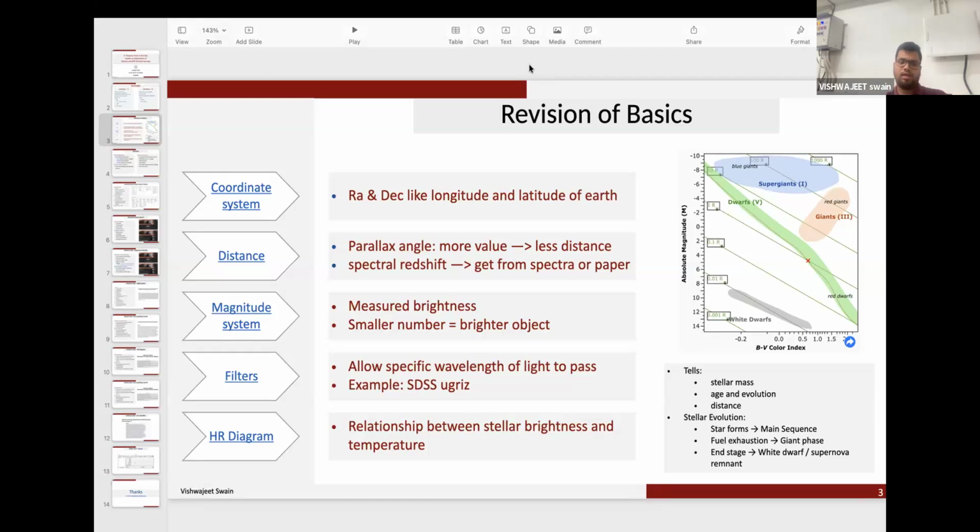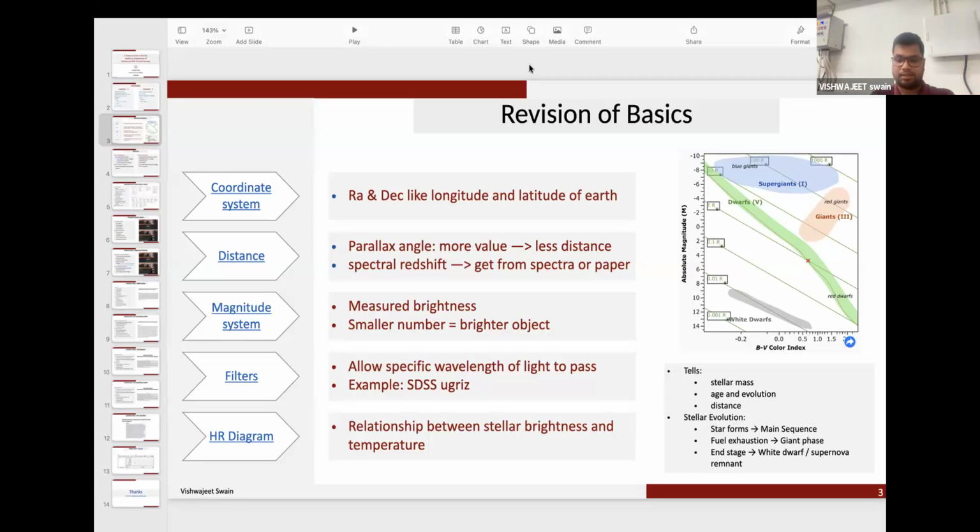And then lastly, we checked that we can have a population of different kinds of objects in the HR diagram. If we are studying, for example, a cluster, the HR diagram can tell us the stellar mass and age of the evolution, and we will see how we can tell which cluster is old and which cluster is young. And from plotting the objects of the cluster in the color diagram and the apparent magnitude, we can also estimate the distance of that object, or say the cluster.